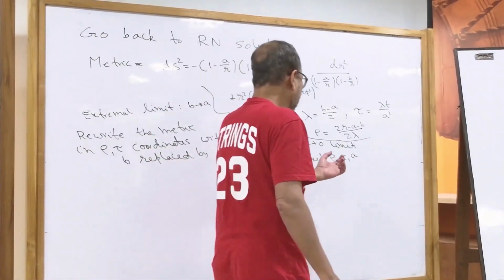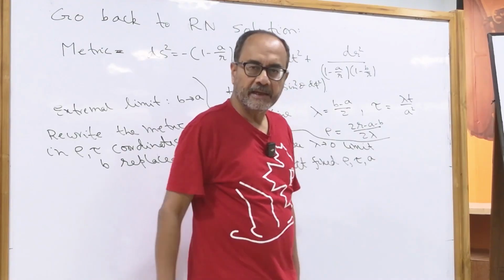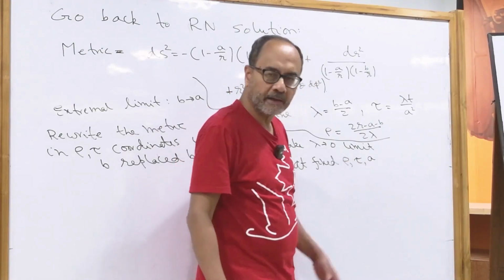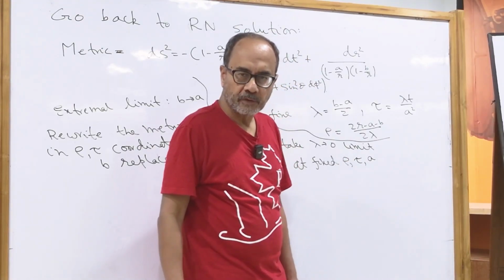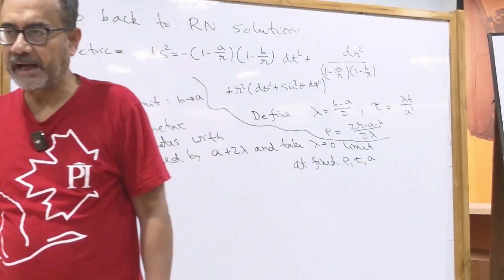We can always decide that we'll work in the region of space where rho and tau are fixed and finite. But otherwise, it's just a rewriting of the original metric. I have not changed anything.